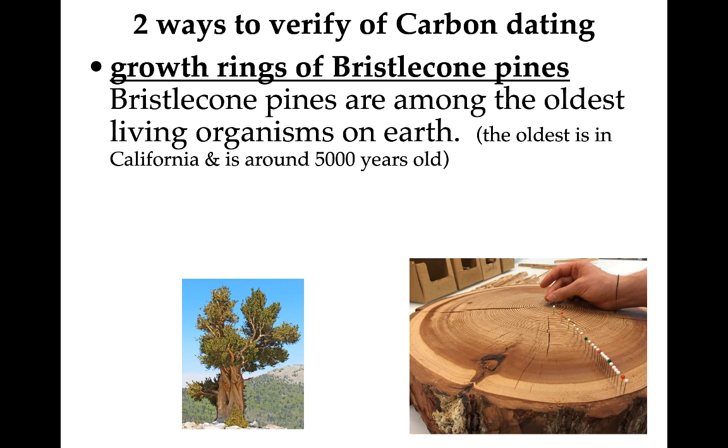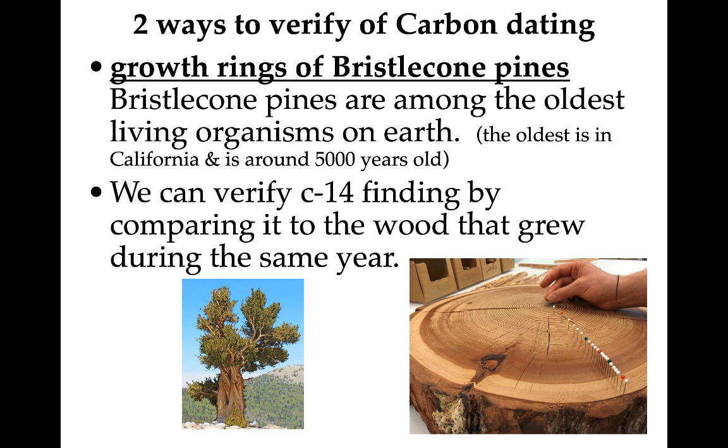So what happens when they were verifying the carbon-14 dating is they would date an artifact, whether that was bones or some other thing, and then they would verify their findings by literally comparing it to wood that grew during that same year.